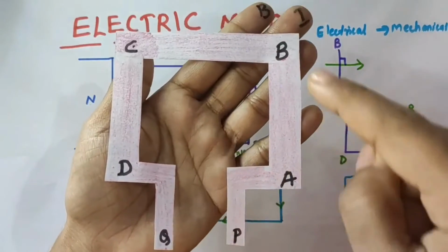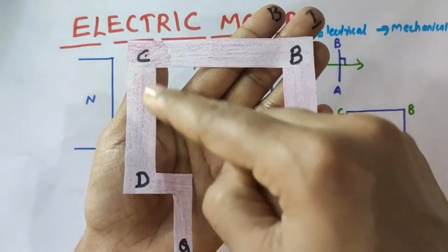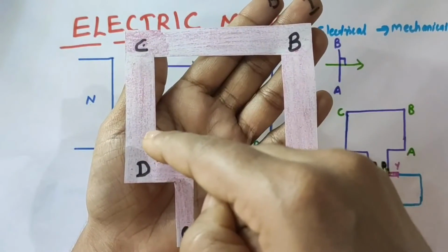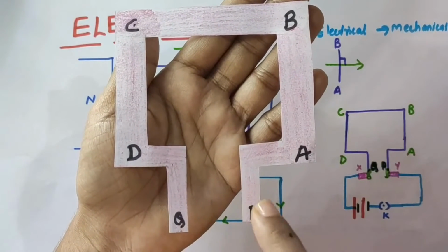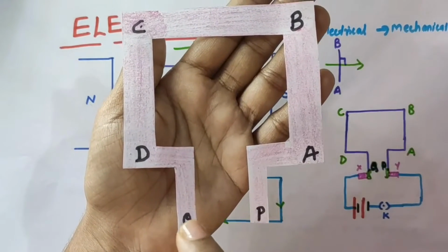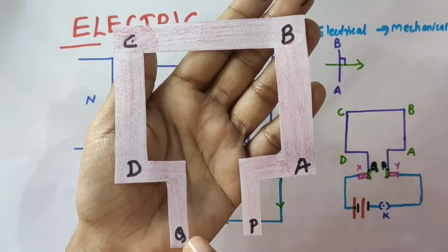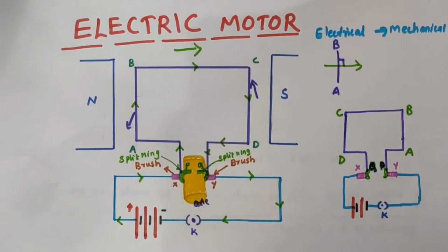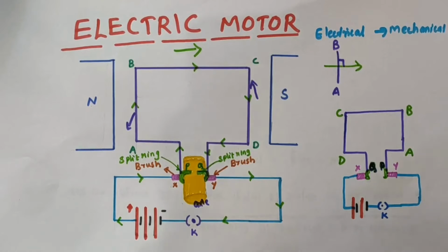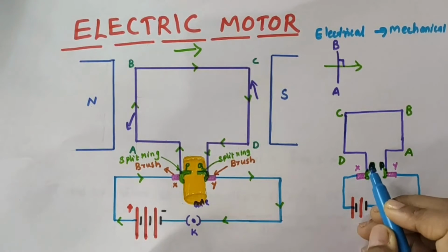After half rotation, what happens, let us see. AB comes on the right side, CD comes on the left side. Now the split ring P has come to this side and Q has gone to the other side. In that picture you can see, after half rotation, this is the new diagram.